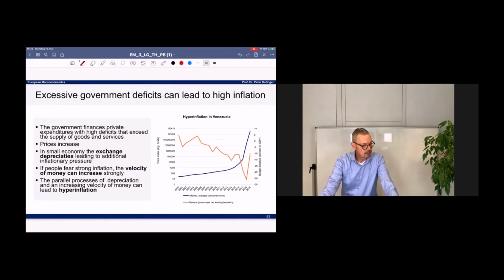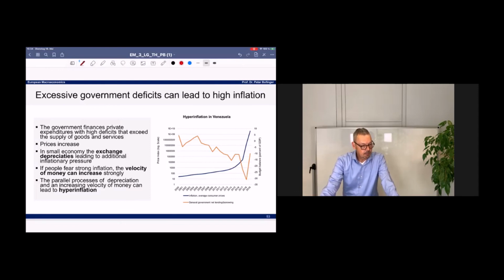Well, the logic is, if the supply capacities in the economy are limited, and the government gives more money to the citizens and they spend the money, then of course you get higher prices. And if the economy is not very large, people also use additional money to import goods from abroad because many goods are not produced in your country.